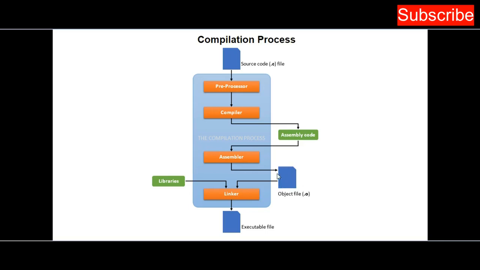Now this object code that has been created, alongside some other libraries, there are some other functions or code that have been written either by the programmer, or that came with C, written by the designers of C, that you have decided to use as a user.